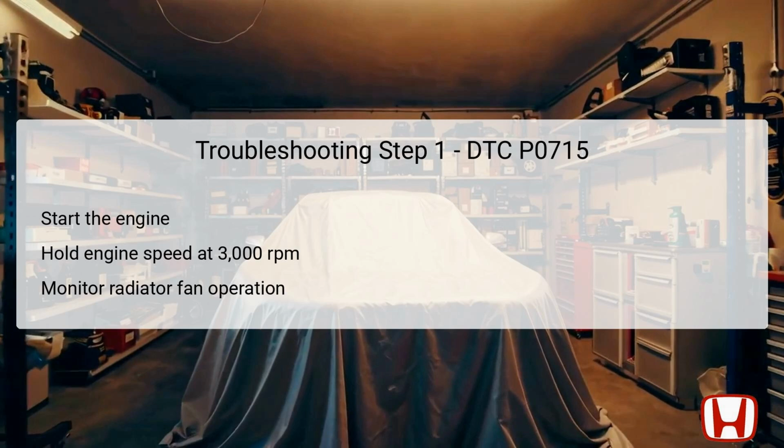The first troubleshooting step for addressing the DTC P0715 involves starting the engine and maintaining an engine speed of 3,000 revolutions per minute, RPM, without load, meaning the vehicle should be in neutral. This condition should be sustained until the radiator fan activates, indicating that the engine is running at operational temperature.